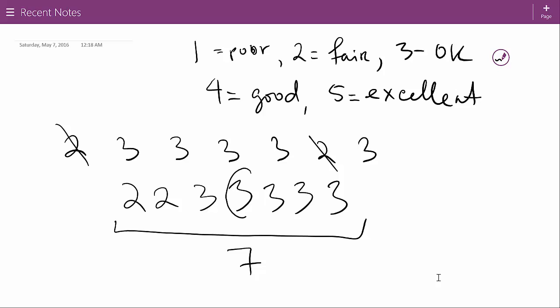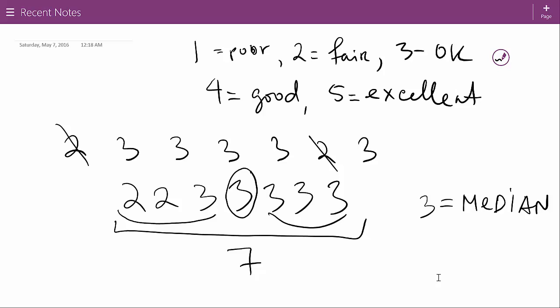So the data point in position number 4 separates 50% of the data below that number from 50% of the data above that number, okay? Because I have 3 numbers below and 3 numbers above. So that measure, 3, is called the median. It's an observation in the middle, right? It separates 50% of data lower than that from the half of the data higher than that.